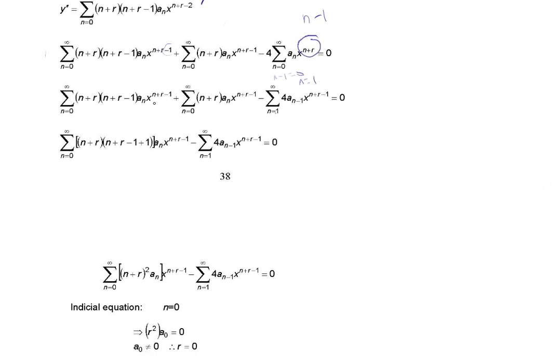Since we have all our x terms here with power of n plus r minus 1, we can rewrite it to get this. And then to find the indicial equation, again we use n equals 0 and substitute.